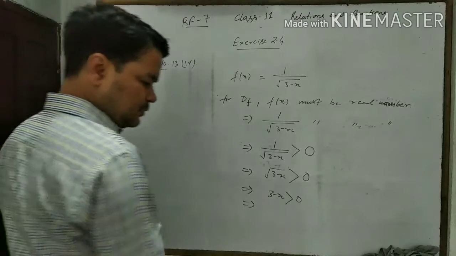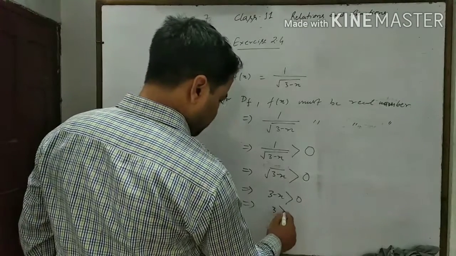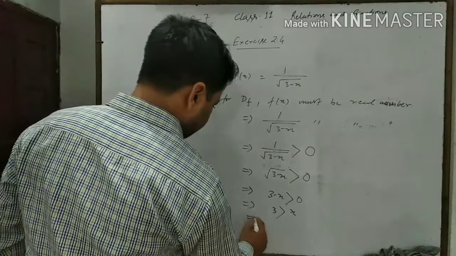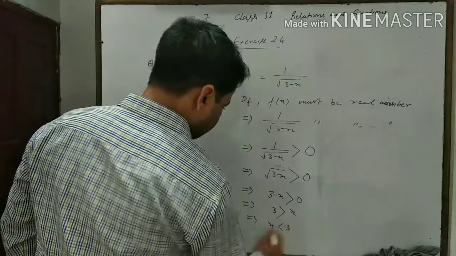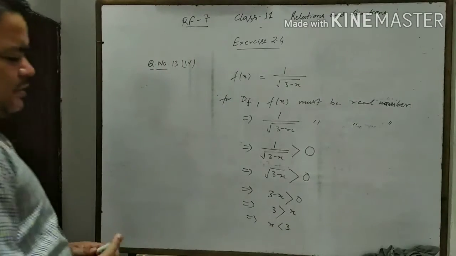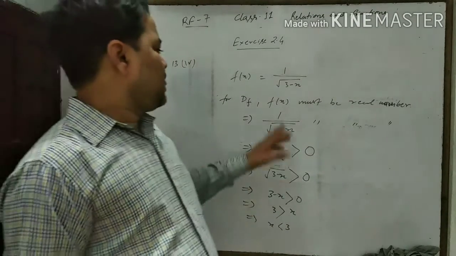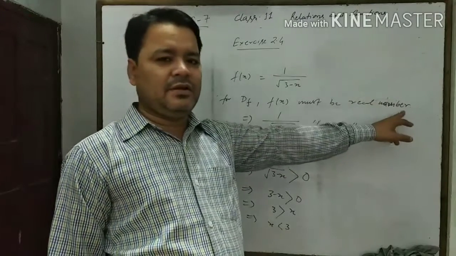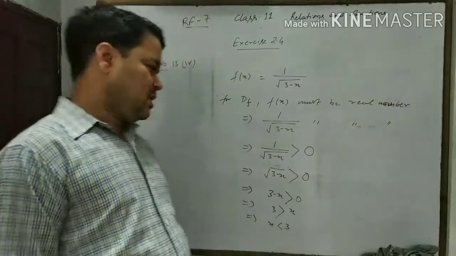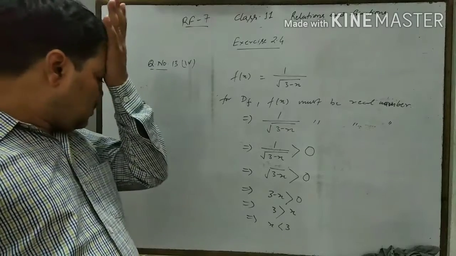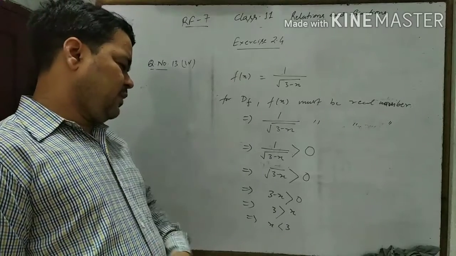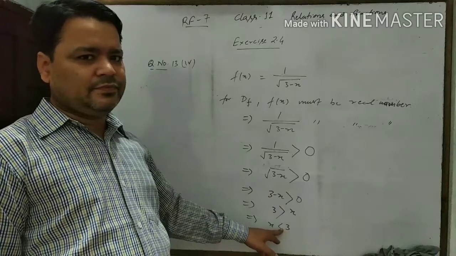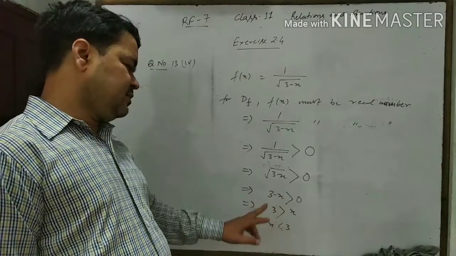This implies that 3 is greater than x, or we can say here x is less than 3. It means the function must be real when we take only those elements of x which are less than 3.